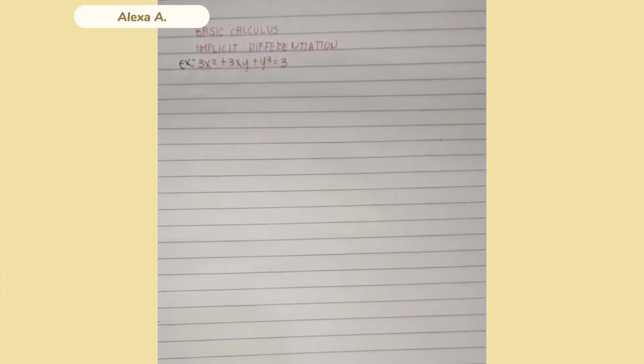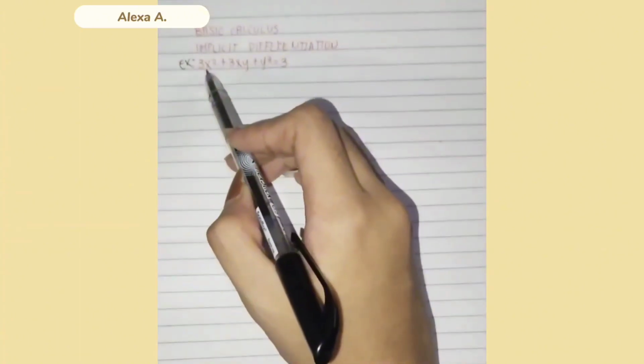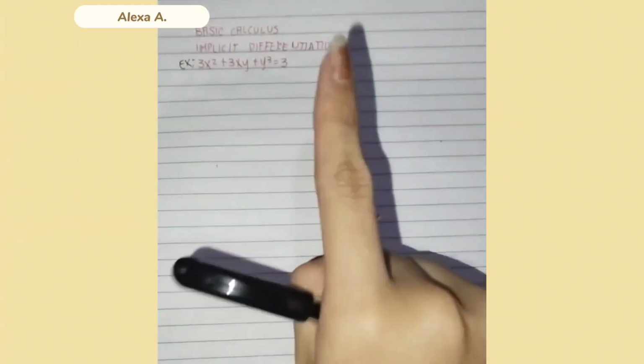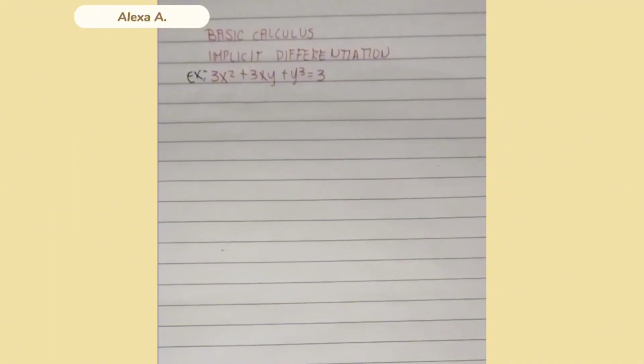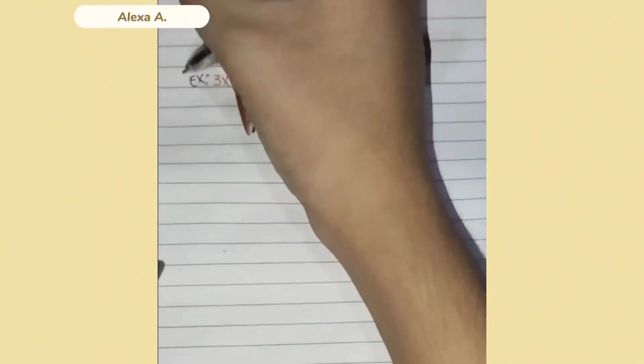So the first thing we are gonna do is take the derivatives of this one by one. So the derivative of 3x squared is 6x.